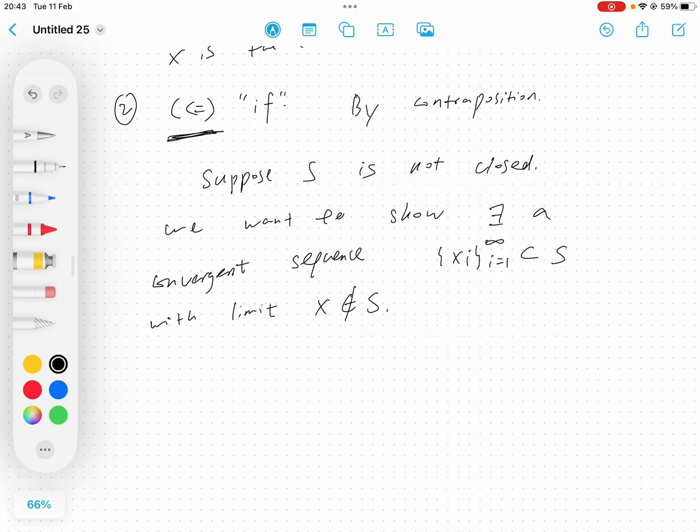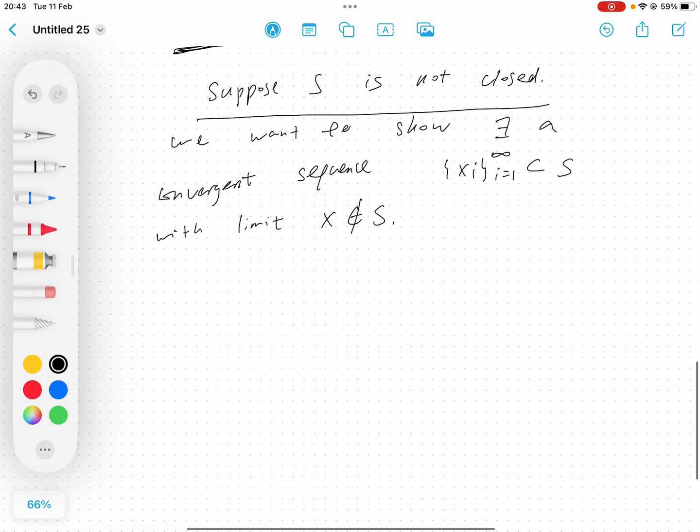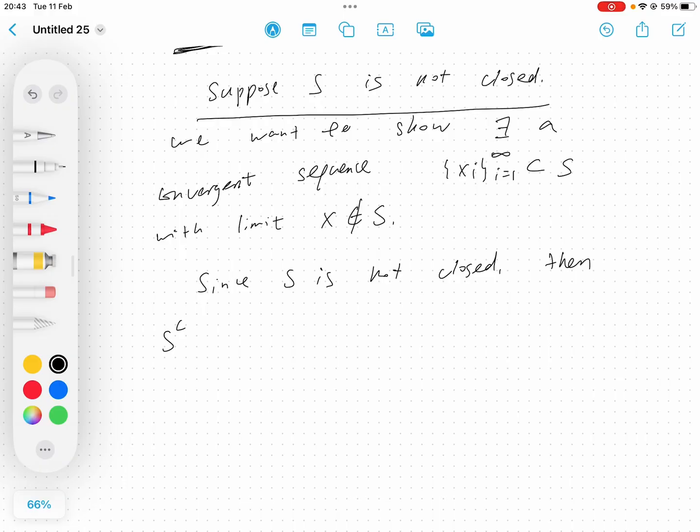Let's start from the starting point. Suppose that S is not closed. Since S is not closed, we can say something about the complement of S, that S complement is not open.